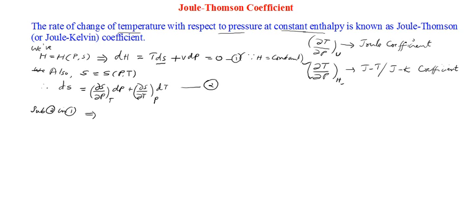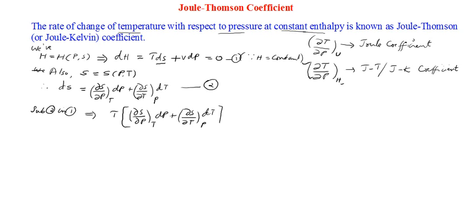So I can write T into, so dS is a lengthy expression, so let me write it like this, T into dou S by dou P at T. I have to reproduce the same thing at T times dP plus dou S with respect to dou T at P times dT.